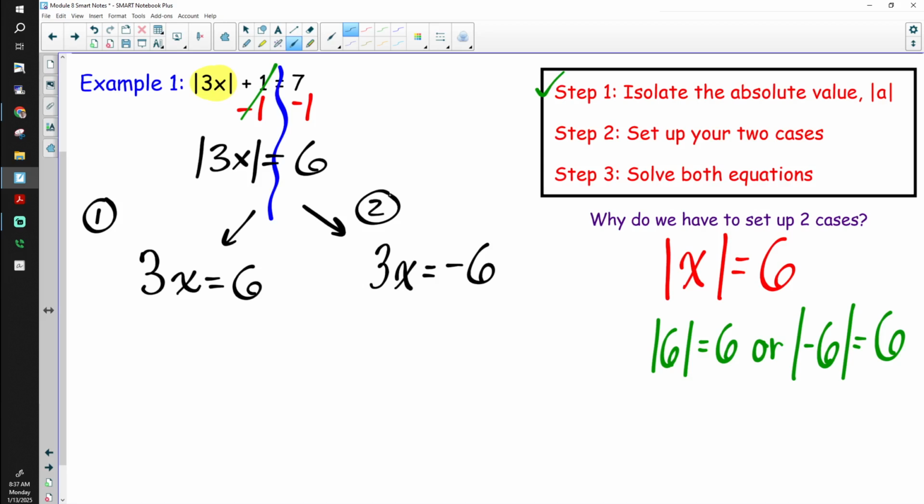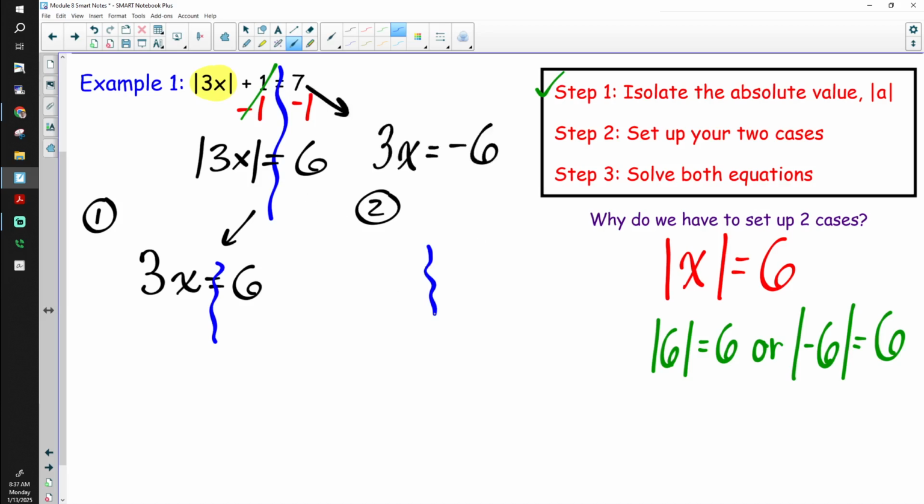And now we have to solve two mini equations. We're going to solve each of them to get both of our answers. To get rid of this 3, what am I going to do? Divide by 3. Same way, guys: opposite of multiply, divide by 3.